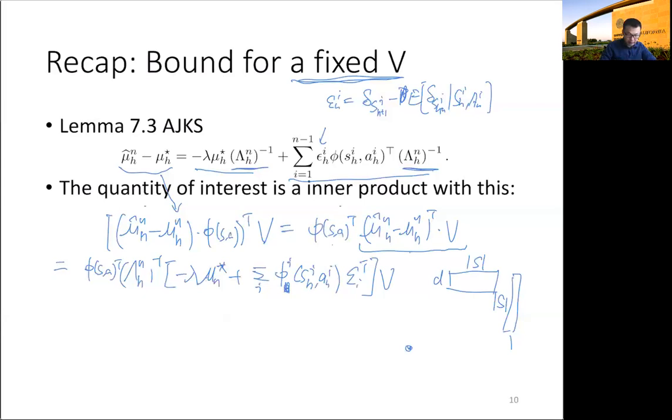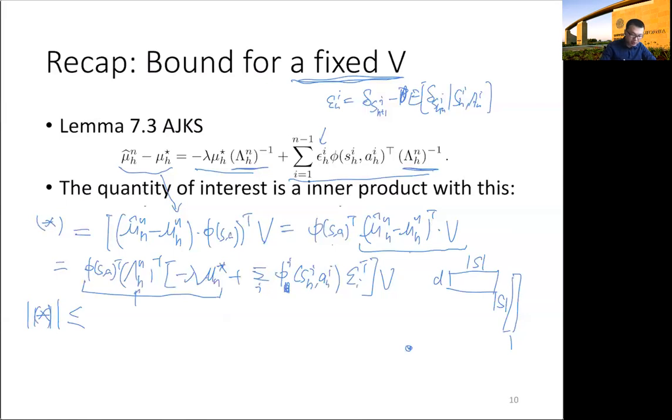If we apply the absolute value, let's say that this quantity is star. The absolute value of star is smaller than, and now we can apply the triangular inequality, and for every such term we split it into half and half, and then apply the standard Cauchy-Schwarz inequality.